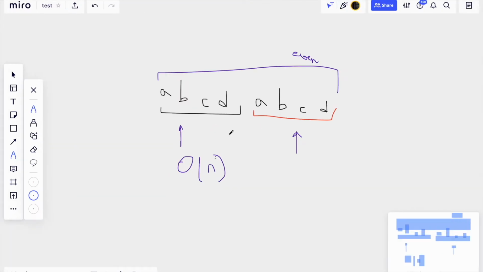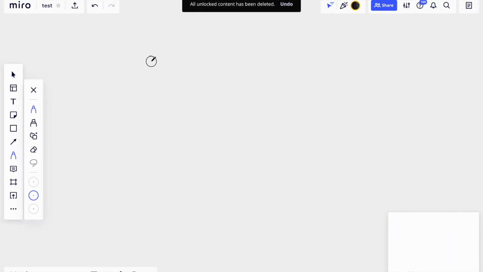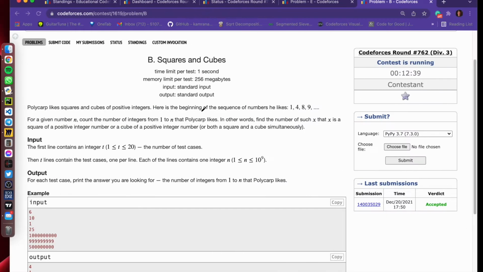Okay, so let me explain the problem statement. It's quite easy. I have to deal with only squares and cubes.